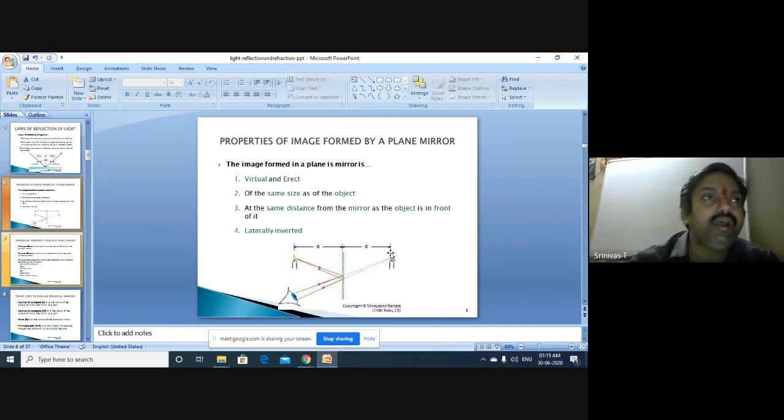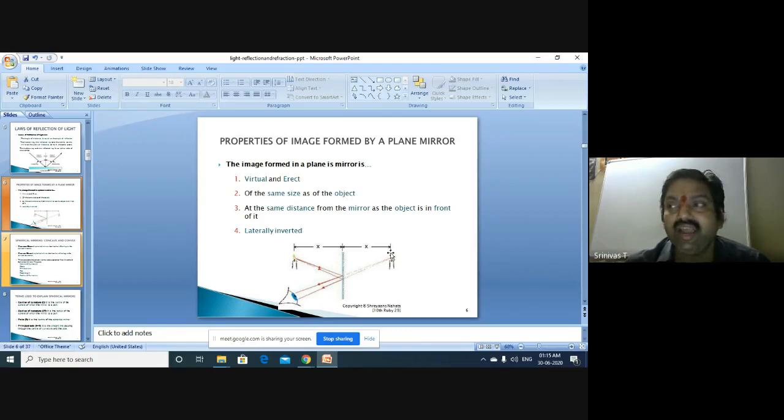Because in a plane mirror we can see a virtual, erect image inside the mirror, at a distance equal to the distance between the plane mirror and the object. So within the mirror, at the same distance, we can have the image observed. So it is laterally inverted.